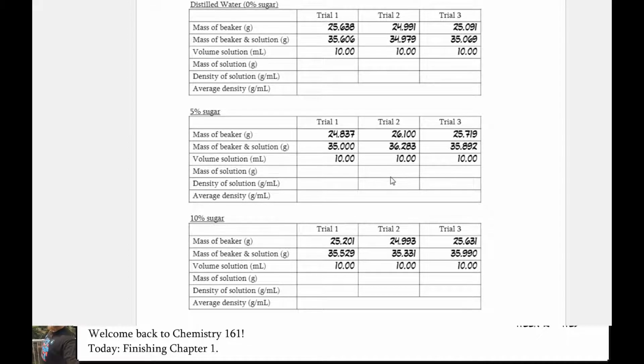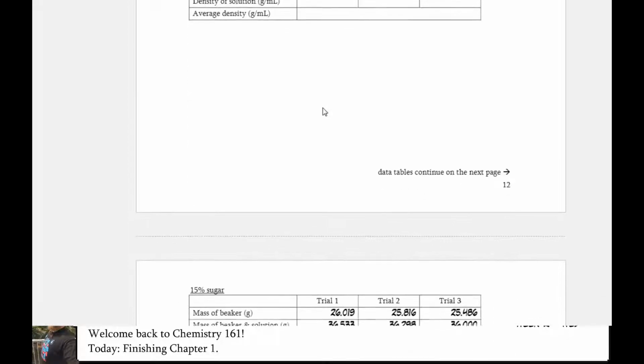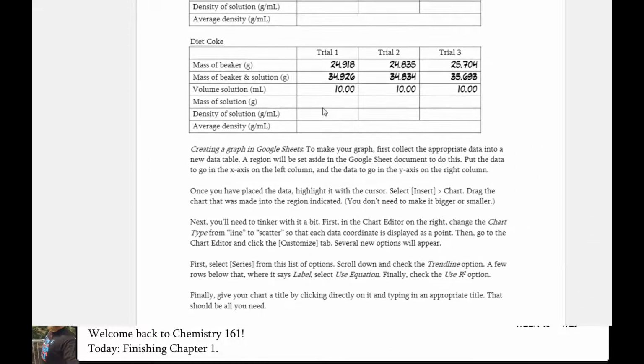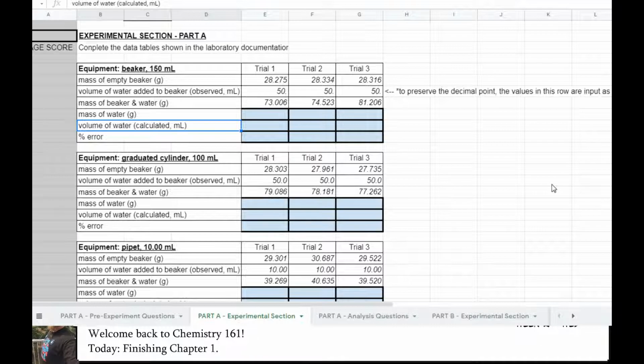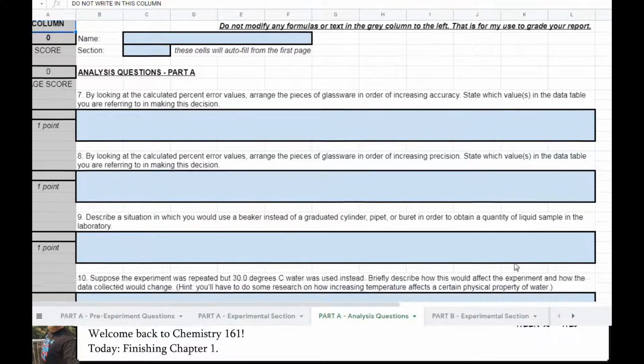You're going to determine the density of the solutions based on their mass and their volume. You can do that. That's pretty easy. And then you're going to plot this data on the graph. I've given you instructions to do this, but I'm going to show you more or less how to do this.